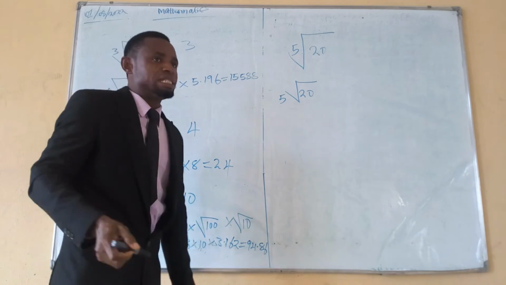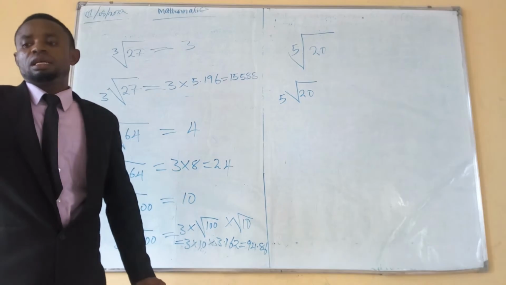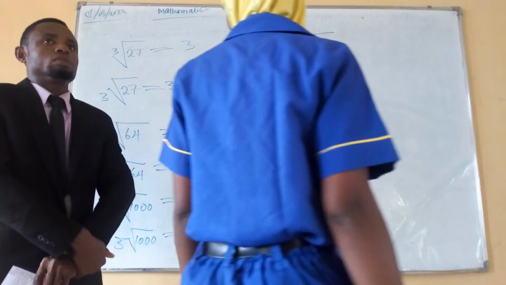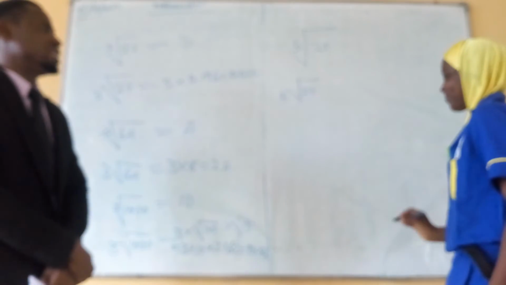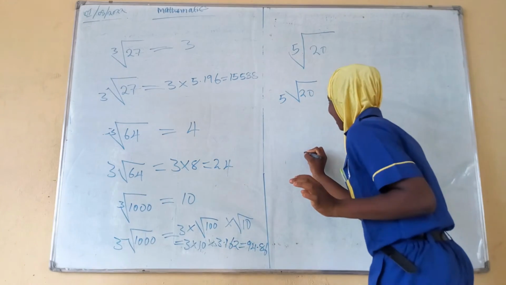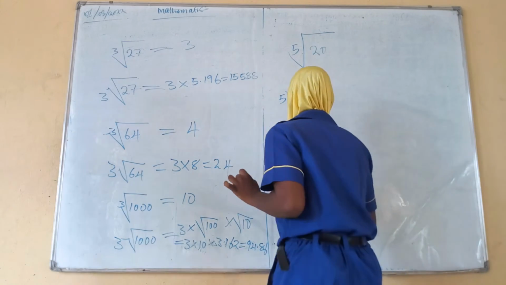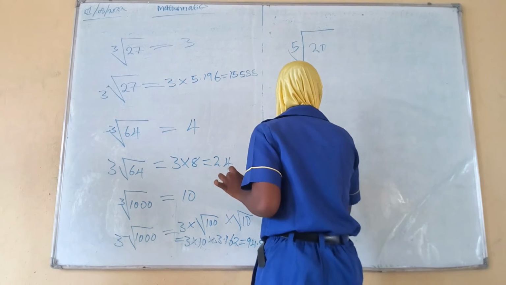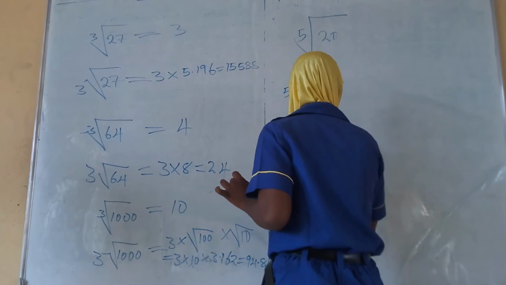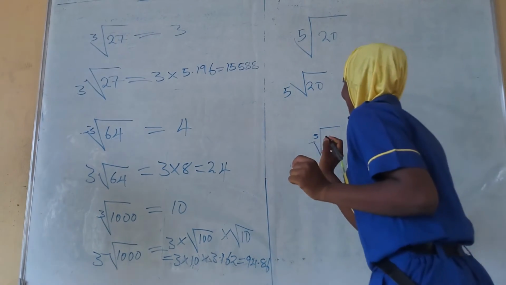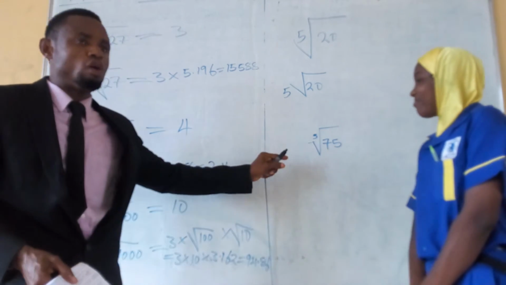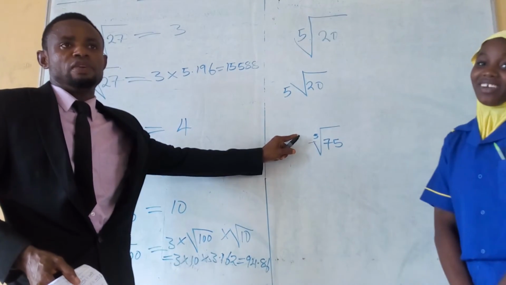Come and write cube root of 75. Write it clearly. Let me see. Cube root of 75. Be confident. Do it confidently. Wow. Can you see this? This is the correct way of writing cube root of 75.